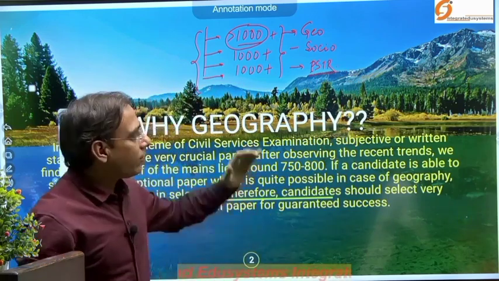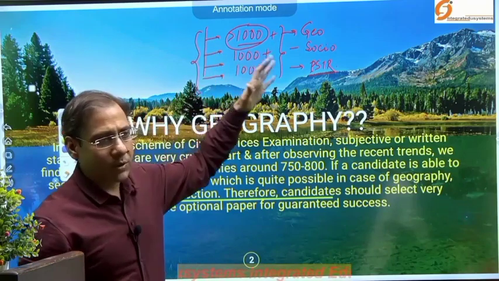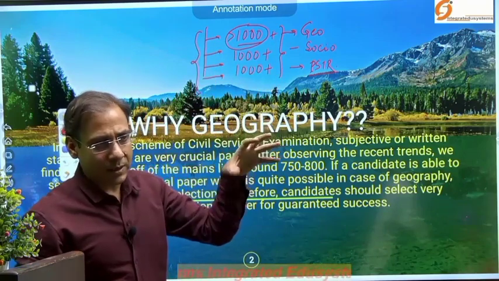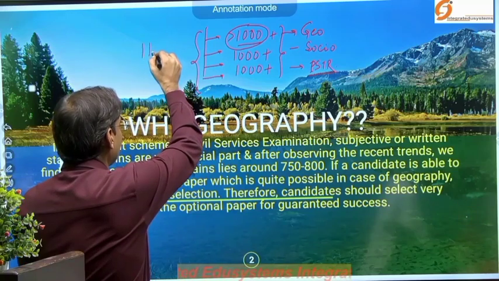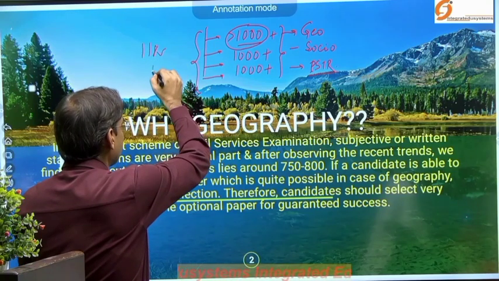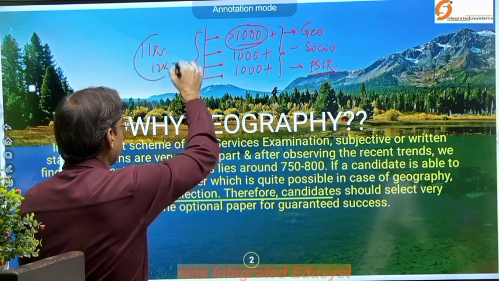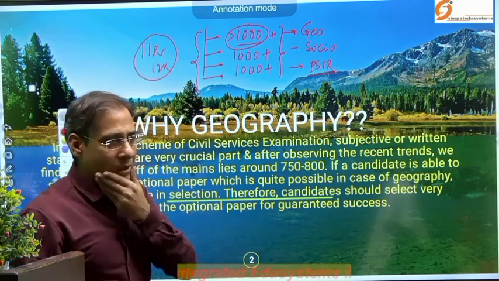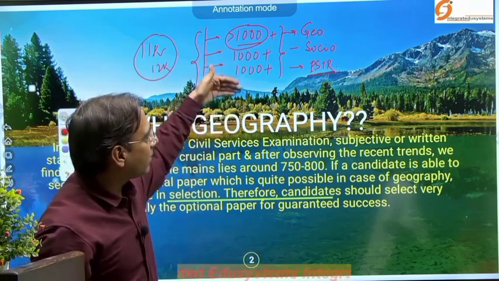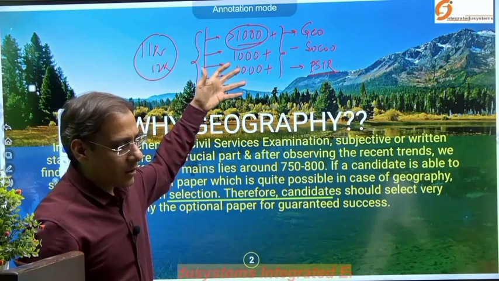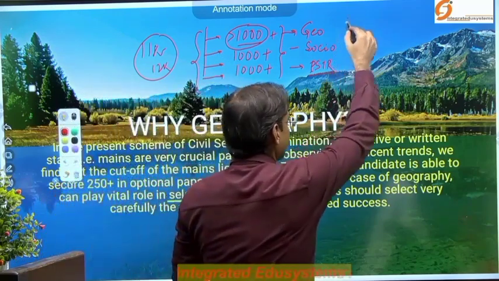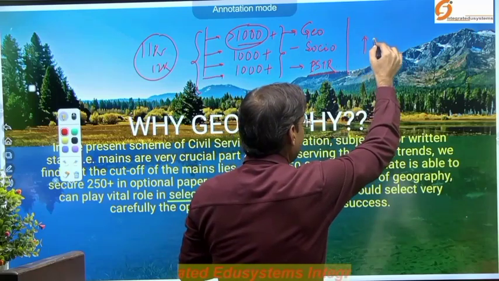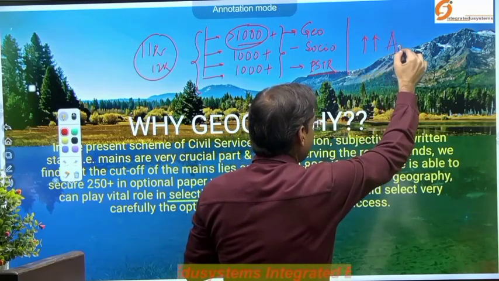Here the number of candidates appearing for the mains is 1000 plus, because around 11 to 12,000 candidates have been writing the mains in the recent past, and I am giving you the data out of that. In the recent past, I have observed that the proportion of candidates in anthro is rising again.